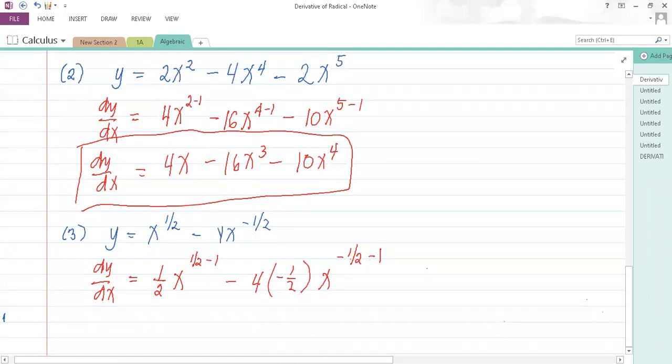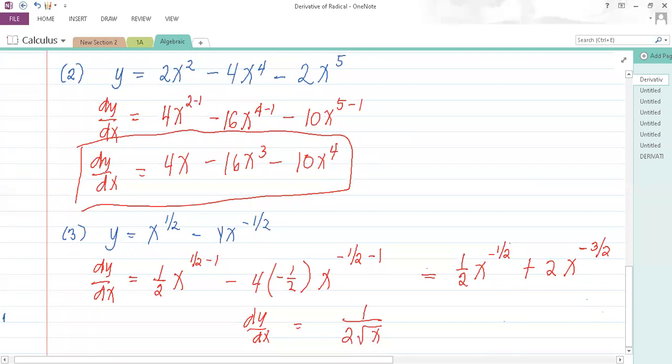Okay, so simplifying now this equation, this is equal to, so 1 half x to the 1 half minus 1, that is equal to negative 1 half. Okay, so negative 4 times negative 1 half is a positive. So that is plus 2x raised to negative 1 half minus 1. That is equal to negative 3 over 2. Okay, so our final answer now here is equal to 1 over 2 the square root of x.